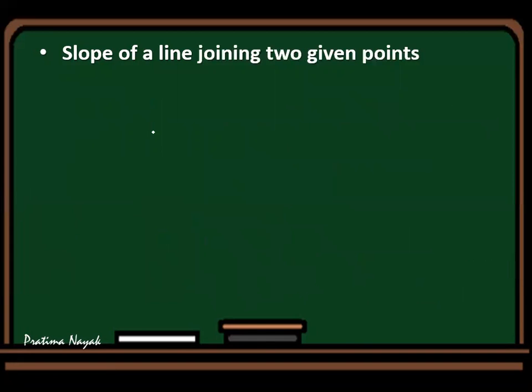Next, slope of the line joining two given points. We have to get the slope of a line PQ. P is the point (x1, y1) and Q is (x2, y2). We'll get what is the slope of this line joining these 2 points.